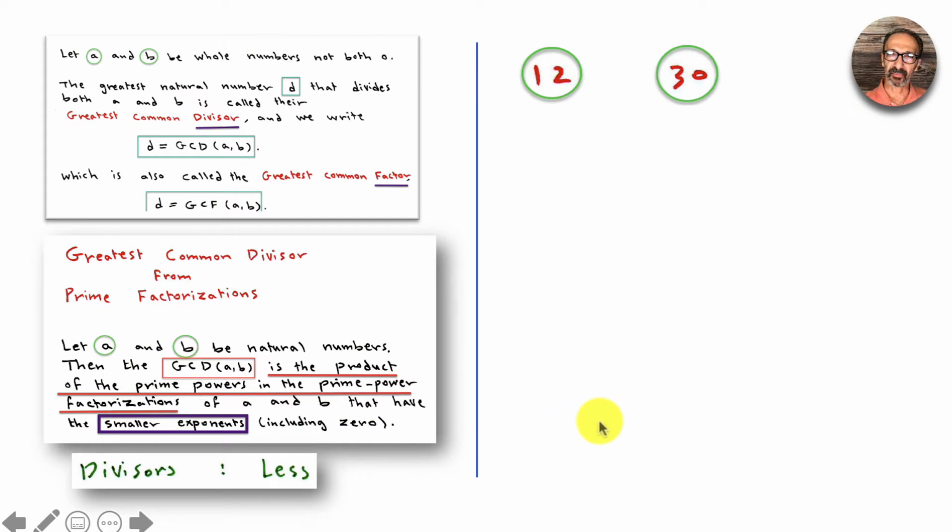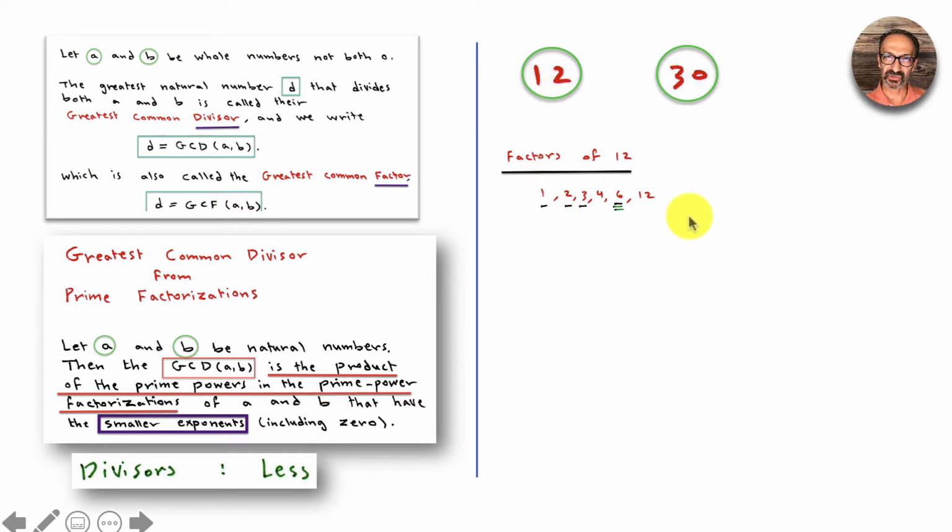A quick example as an overview: 12 and 30. Those are my A and B. Factors of 12 will be 1, 2, 3, 4, 6, 12. Notice that 12 divides by 12, by 6, by 4, by 3, by 2, and by 1, of course.